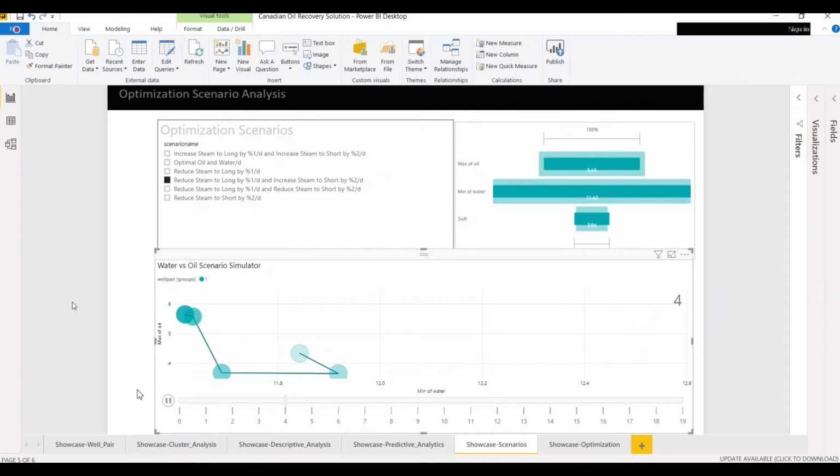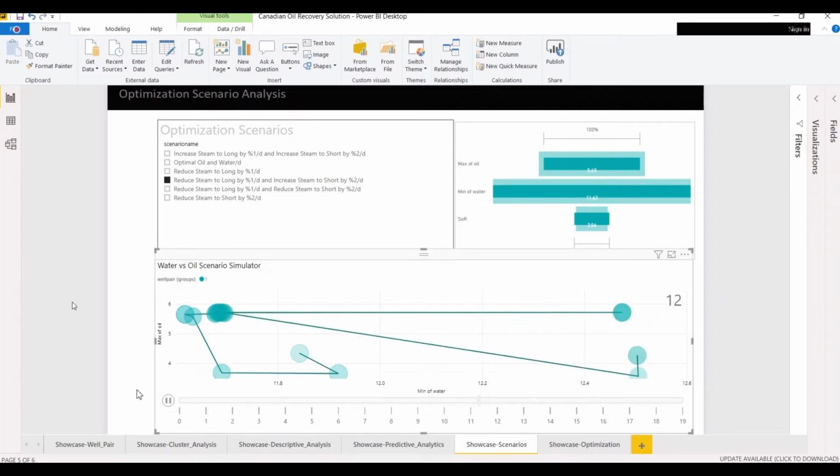If we were to run this scenario, we can see the changes in oil and water production, where the y-axis is oil production, x-axis is water production.